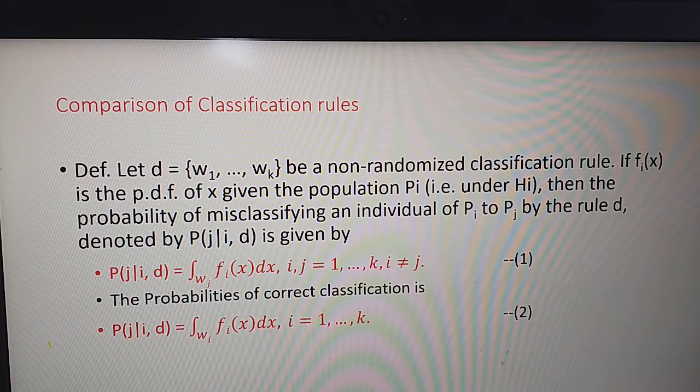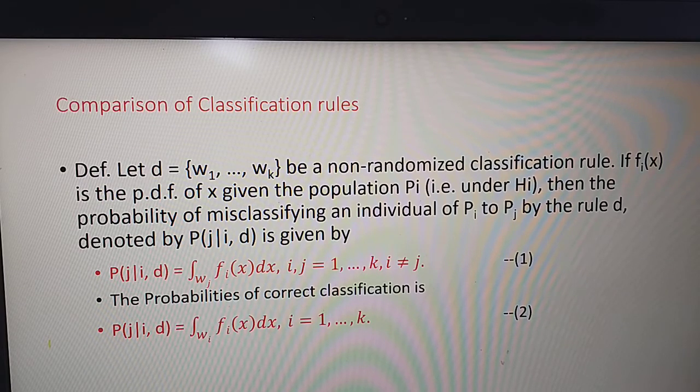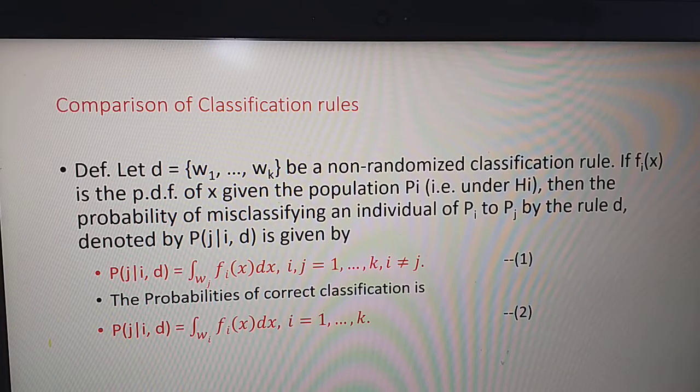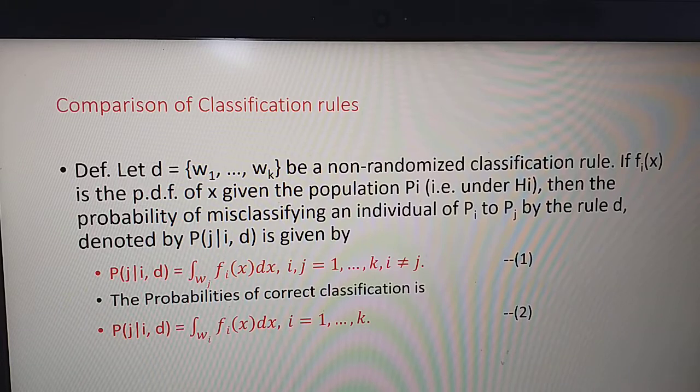If fi(x) is the PDF of X given the population Pi, that is, under the population Pi or under the hypothesis Hi, then the probability of misclassifying an individual of Pi to Pj by the rule D, denoted by P(j|i, D), is the probability of misclassifying an individual of the population i to the population j.